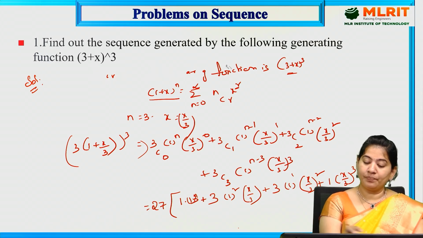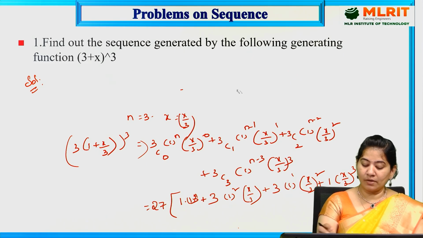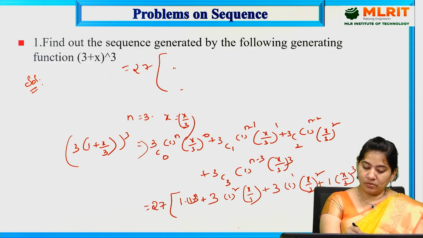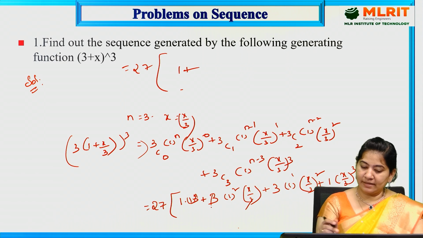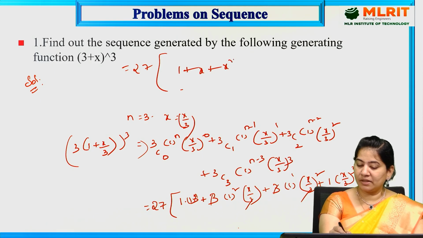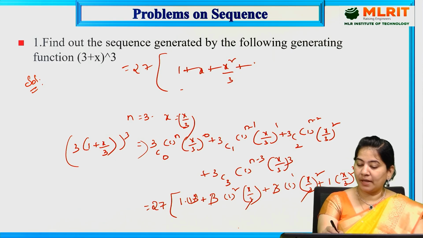Now we'll just simplify it. We get 27 into 1 into 1 power 3, which is only 1, plus 3 will get cancelled, then you'll get x here. Then another 3 will be remaining, which is nothing but x square by 3. Next x cube by 3, which is x cube by 27.